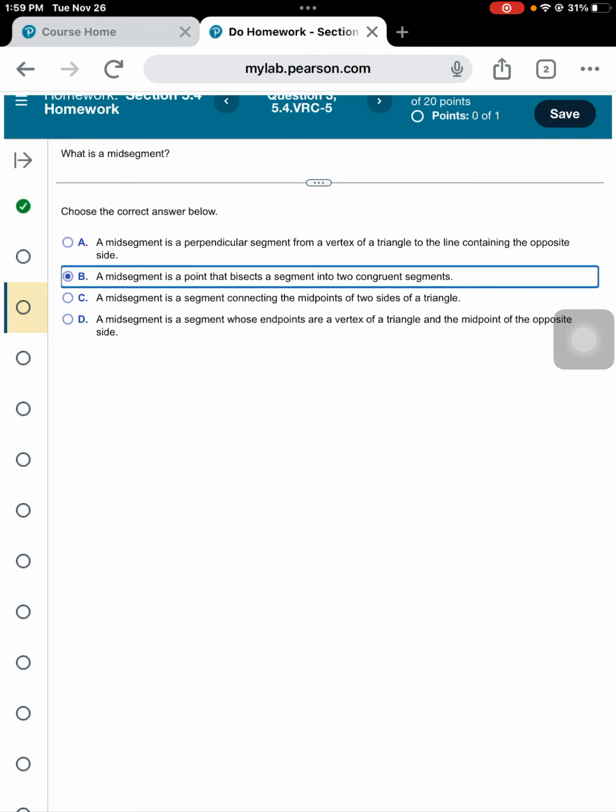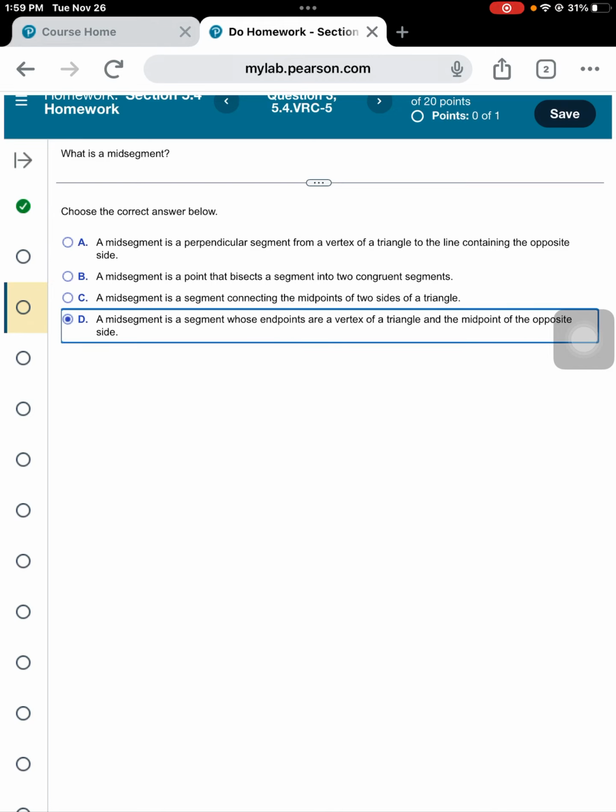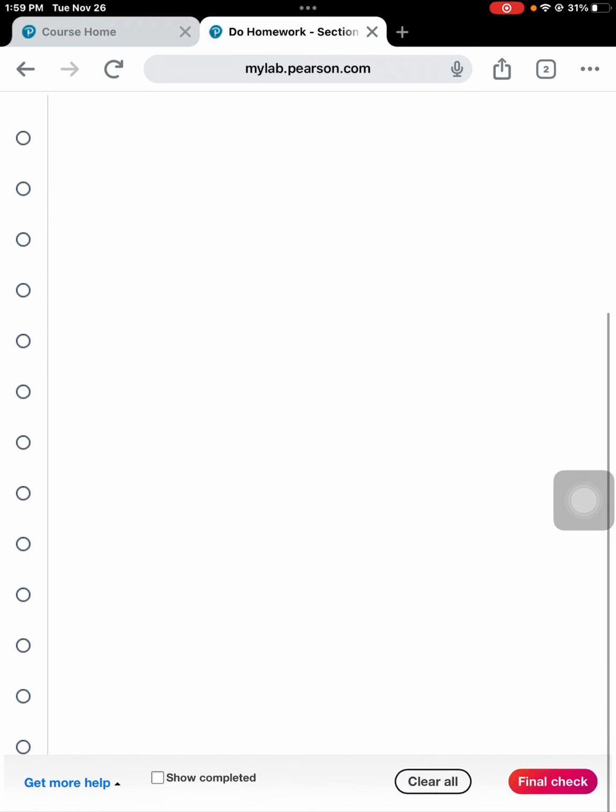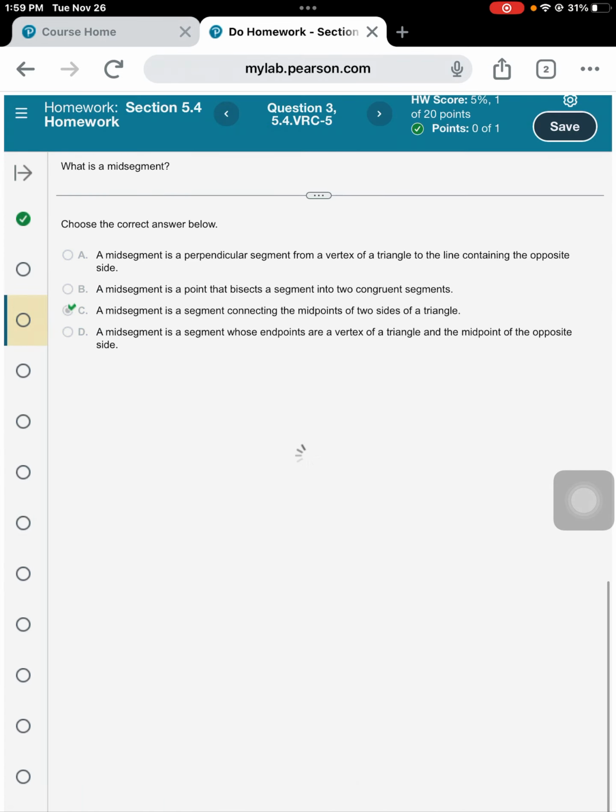A midsegment is a point that bisects a segment into two congruent segments? No, what they just described was a perpendicular bisector. A midsegment is a segment connecting the midpoints of two sides of a triangle? That sounds about right. What about D? A midsegment is a segment whose endpoints are a vertex of a triangle and the midpoint of the opposite side? That is a median. So the answer is C.